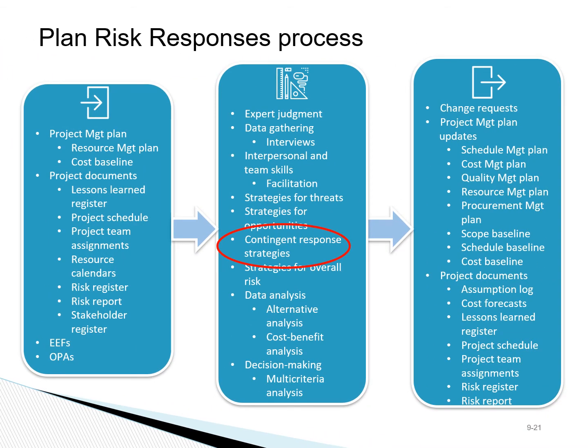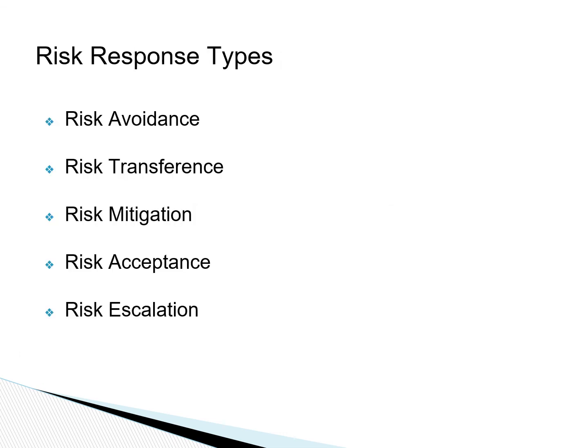The last step in planning is to decide what the contingent response to the risk needs to be. Basically, what do we need to do if the risk happens? There are 5 different responses we can have for any risk.